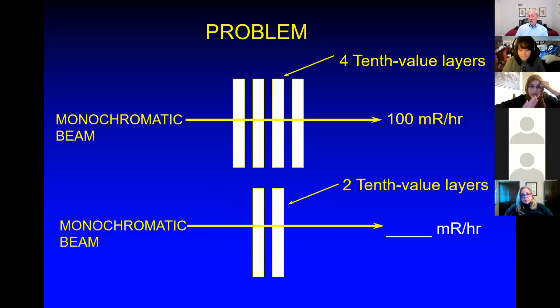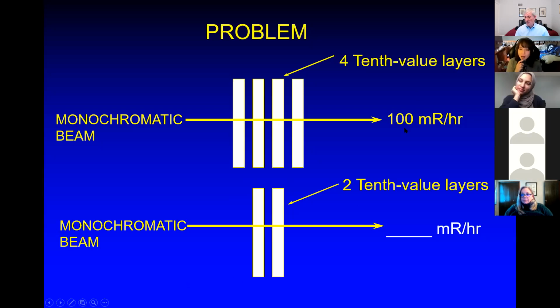If we take out 2 of them, what's the reading now? Is it 1? We're taking them out. That means the reading's got to go up. What's it going to go up to? 10,000. Good.